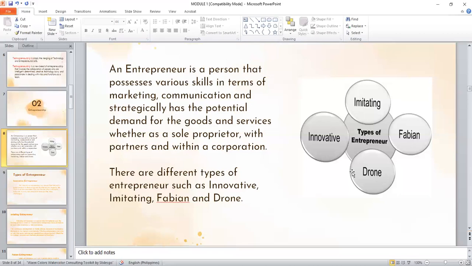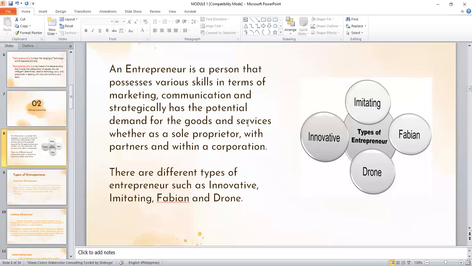So as I have repeatedly mentioned a while ago, when we speak of an entrepreneur, it could be only one person, it could be a partnership, or it could be a corporation. But I'd like to zero in on this particular phrase here: has the potential demand for goods and services. So there is the existence of an entrepreneur because he sees that there is this demand for this particular good or material, or for this particular service.